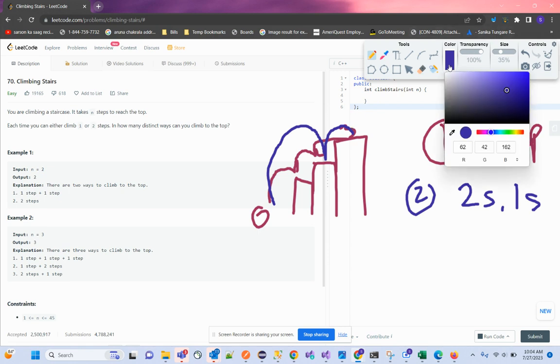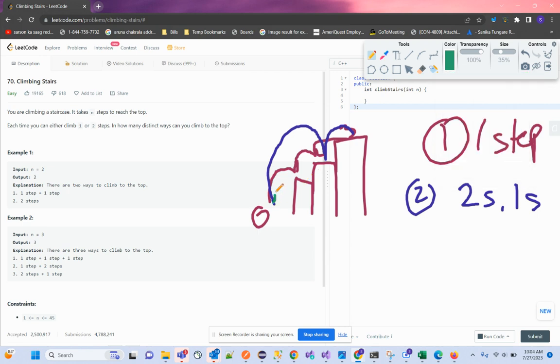What is one more way to do that? You can step on the one step and then step on the targeted step. If you see the green line, we are stepping on the one step and then going to the last step, the third step.